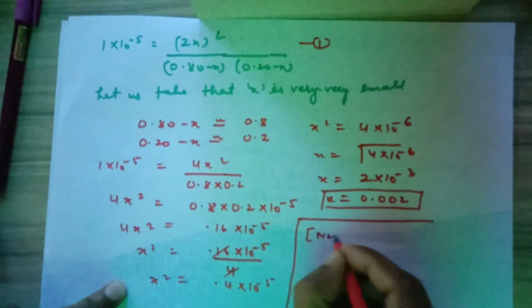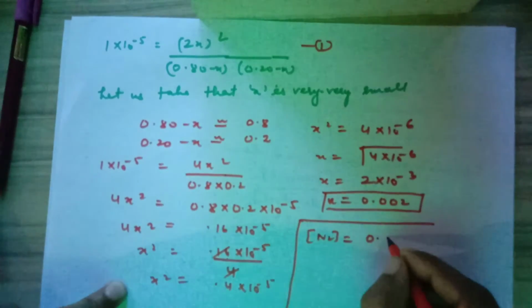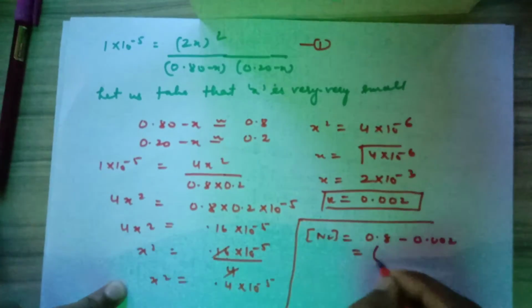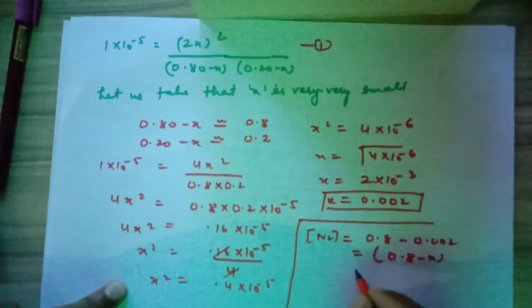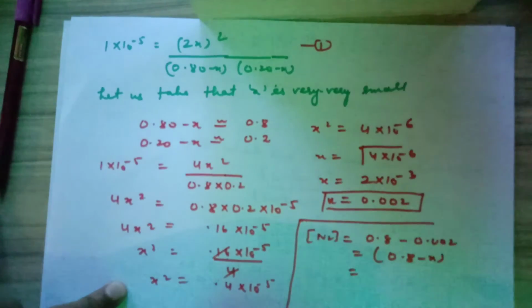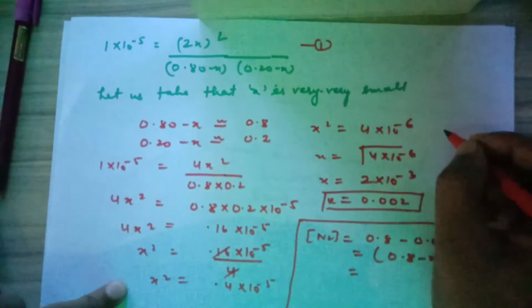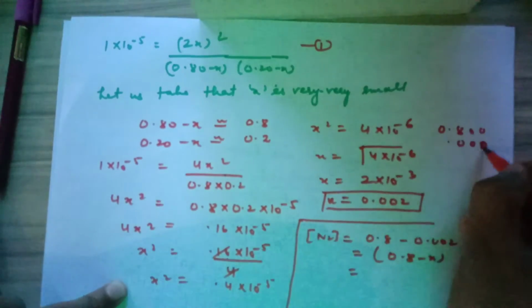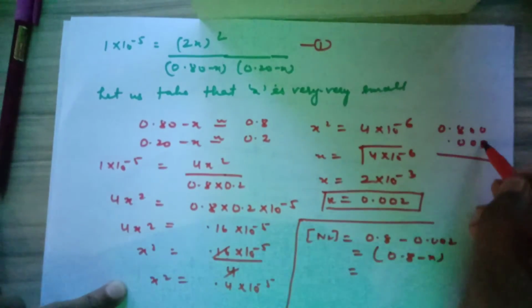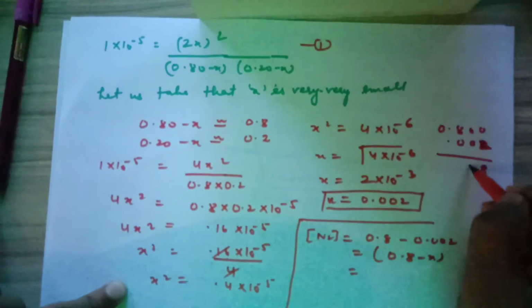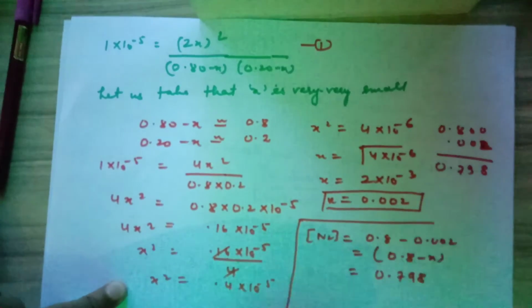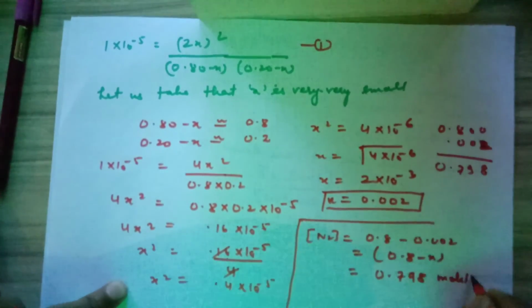For N2, it is 0.8 minus x, so it will be 0.8 minus 0.002, which is 0.798 mole per liter.